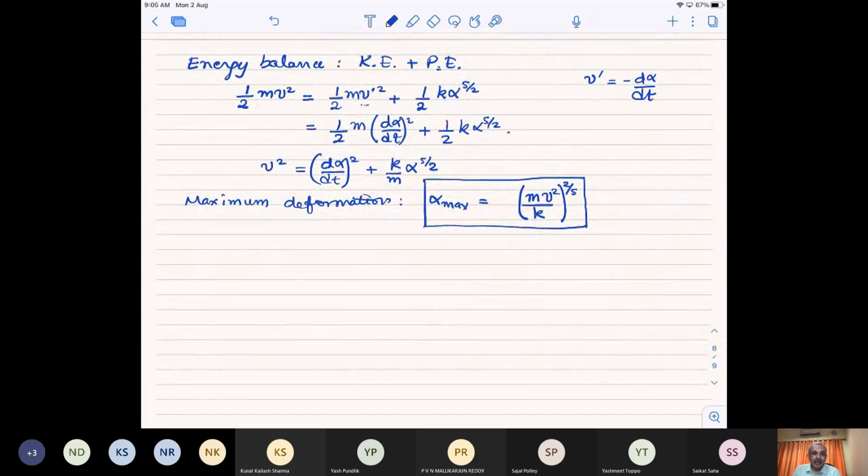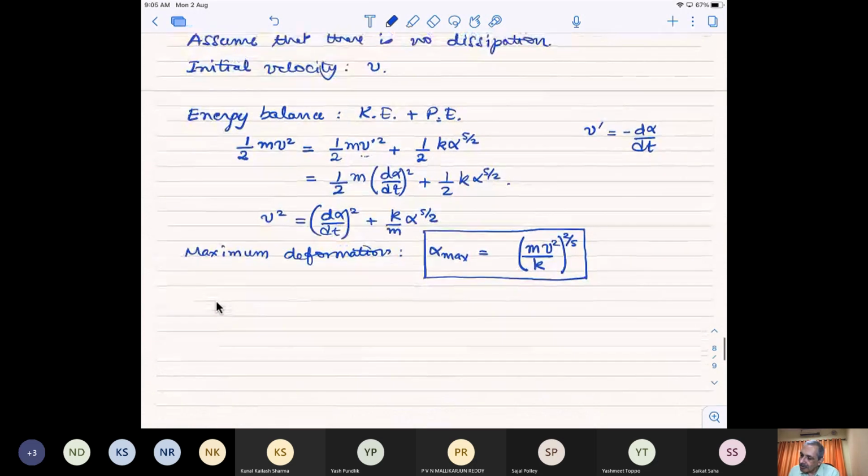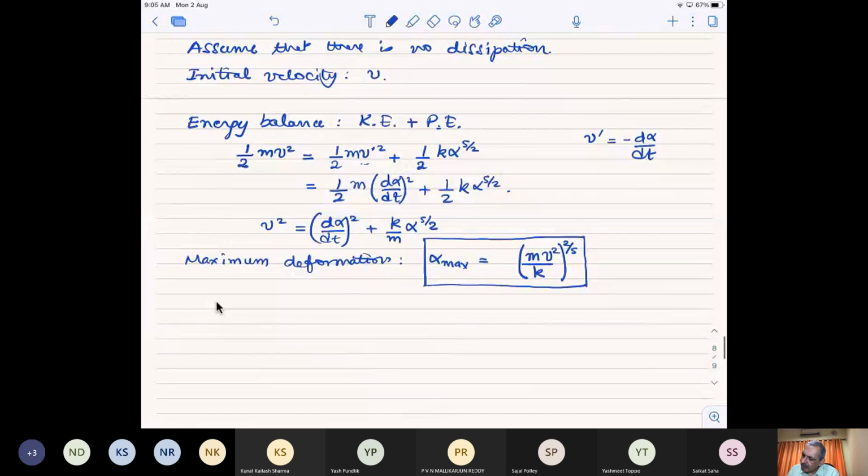Okay, so this is one thing. Now, the other thing is, how do you find out the time? And the easy way to do it is, this is now very straightforward. If you look at this equation, it is a very simple equation. You can see this d alpha by dt. So if we just integrate with respect to time, we should be able to get the variation of alpha with time and hence the time for collision.